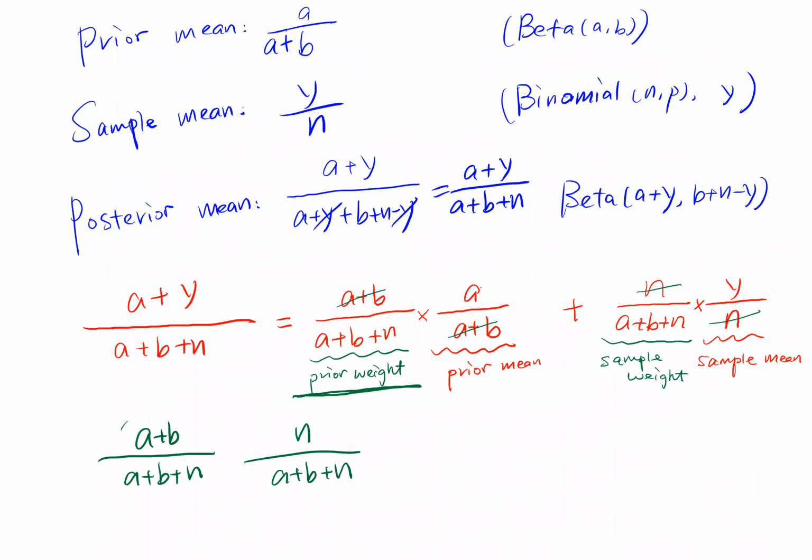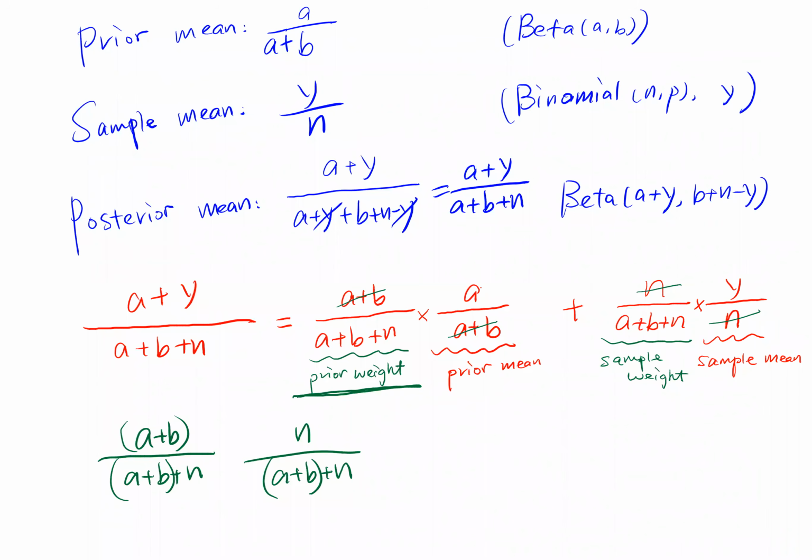If I further bracket the weights together, it's easier to see. The total is A plus B plus N, and the weight for the prior mean is A plus B over the total. The weight for the sample is N over the total.